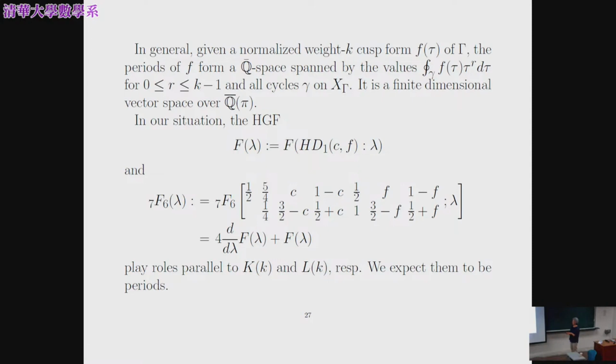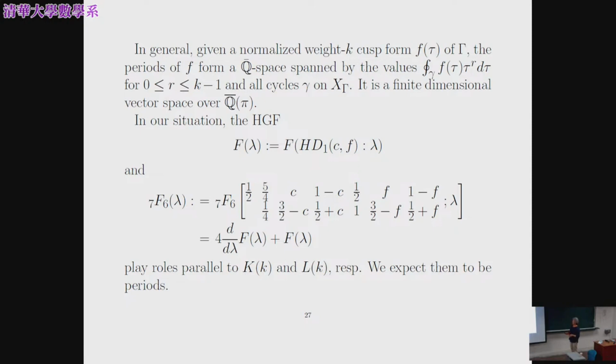Then we compare that with the value of a hypergeometric function 7F6, where we put back this 5/4 for 1/4. This was the second column, which we deleted because from the arithmetic viewpoint they give the same representation. Now let's put it back here. The rest is the same as the first datum. So we look at this 7F6 at lambda.